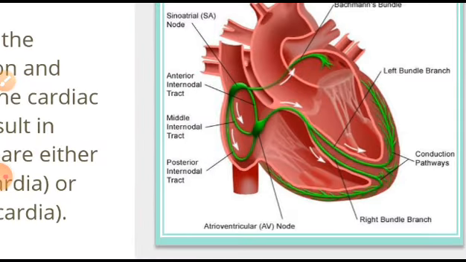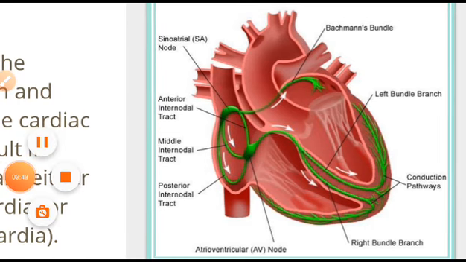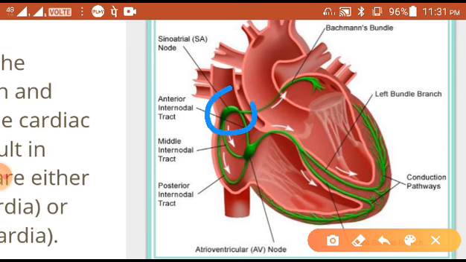Here I would like to show you this picture to make it clear what it looks like. If you see the first one, this is your SA node and this is the AV node. Whenever the impulse generates from the SA node, it passes to the right atria, as well as using three tracts to reach the AV node: the anterior, middle, and posterior internodal tracts.